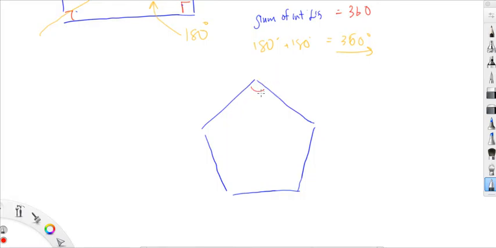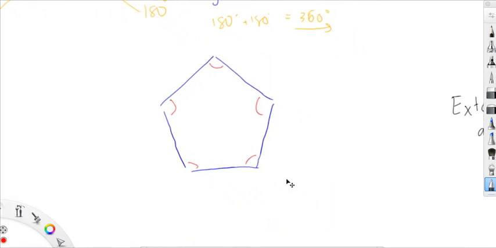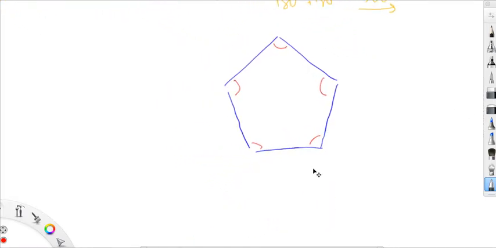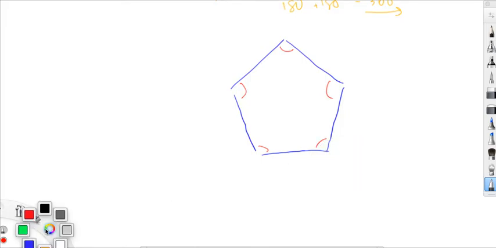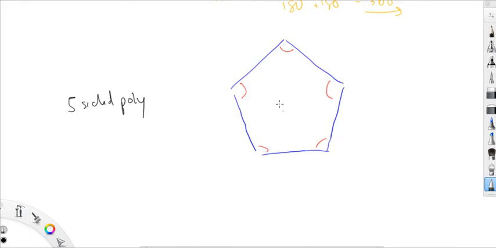So apparently all the internal angles of this regular five-sided polygon has to equal n minus 2 times 180.